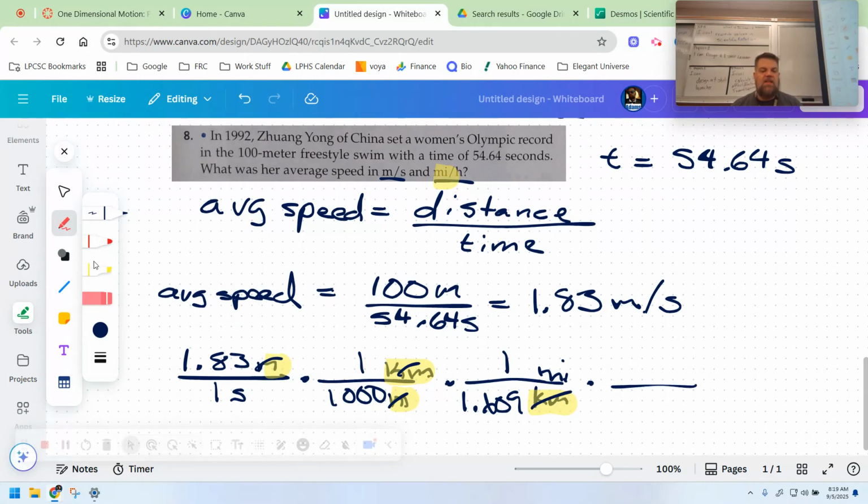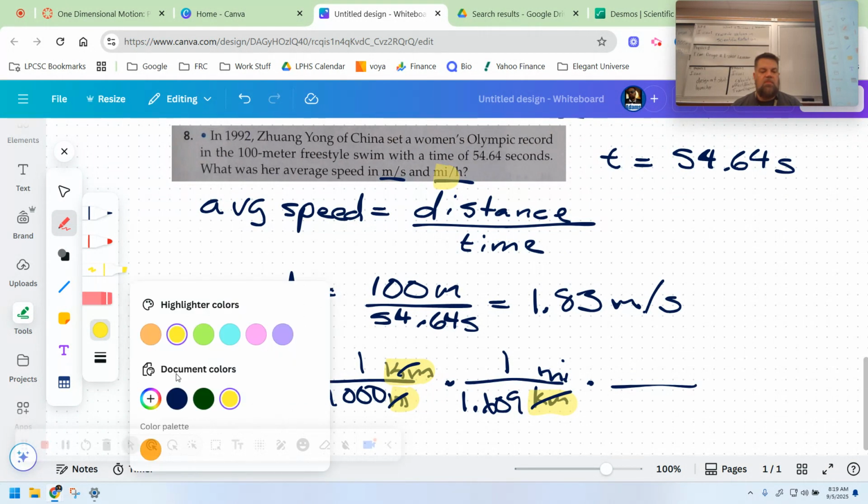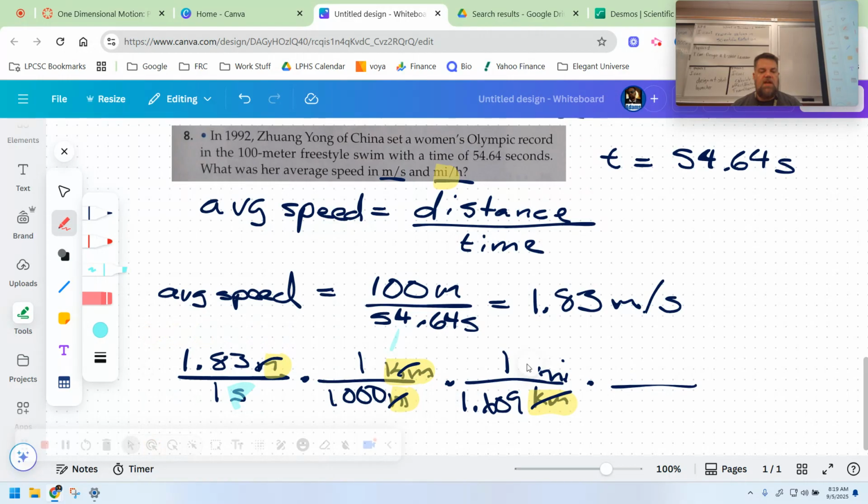Now I have seconds down here at the bottom, so that means up here I need seconds. How do I start moving from seconds towards hours? Because we need hours over here.